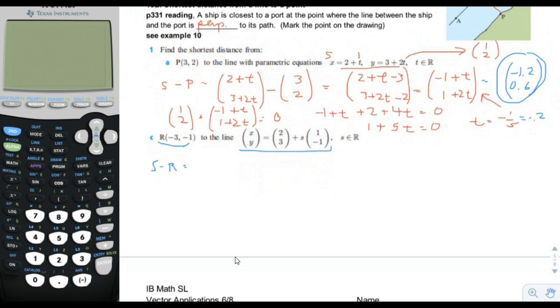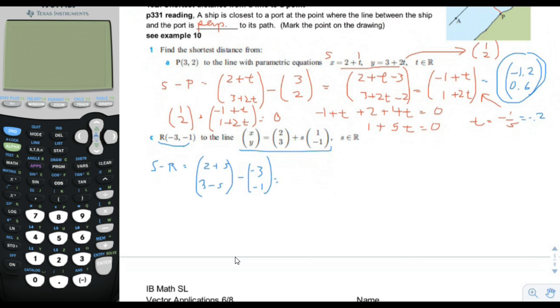S is (2 plus s, 3 minus s), and R is (negative 3, negative 1).